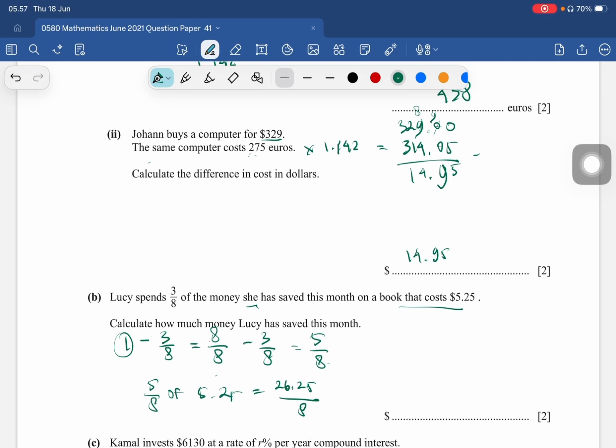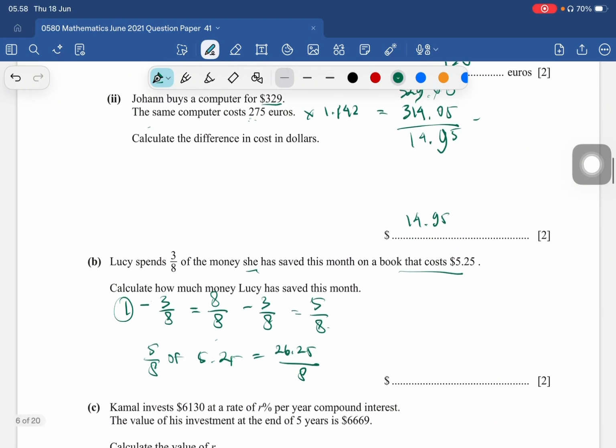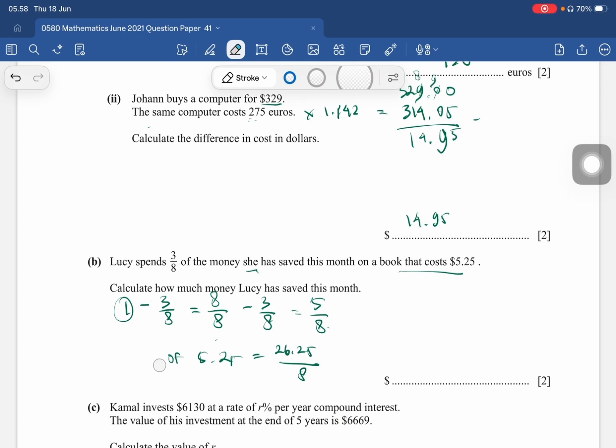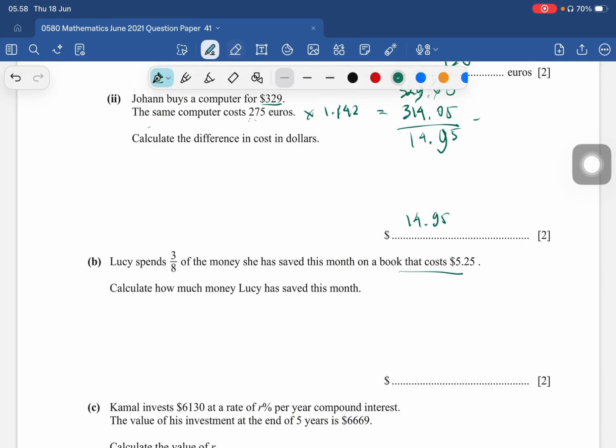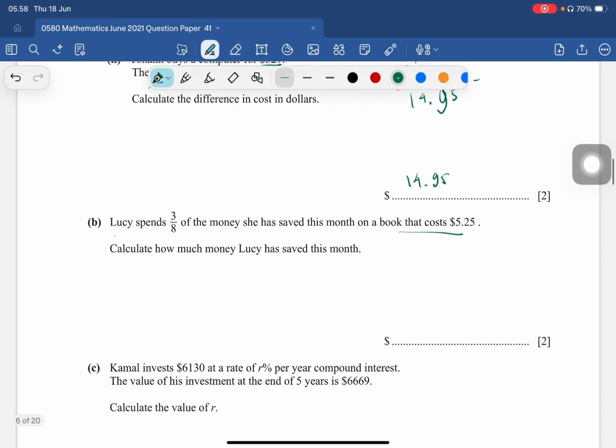Calculate how much money Lucy has saved this month. This is 5 over 8, so wait a moment, I misunderstood.